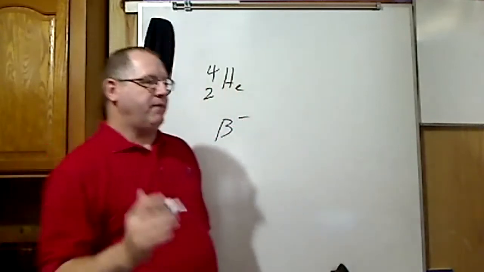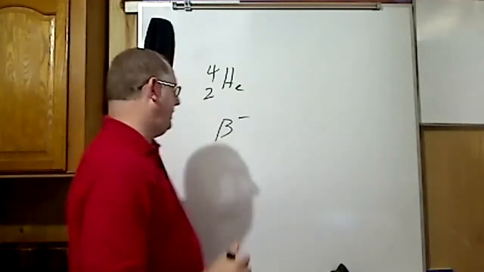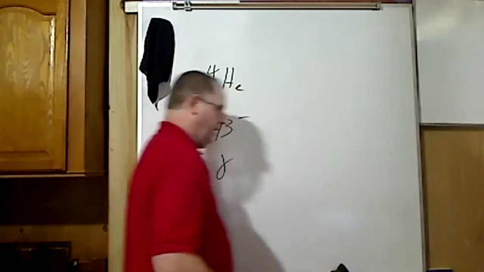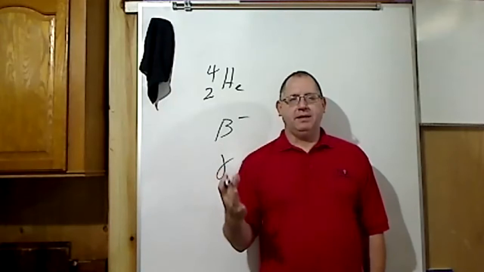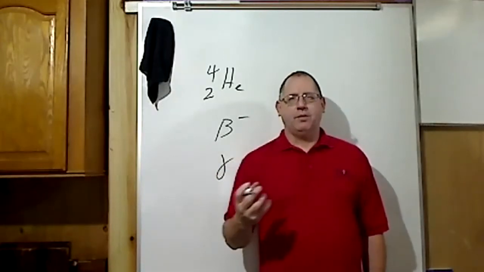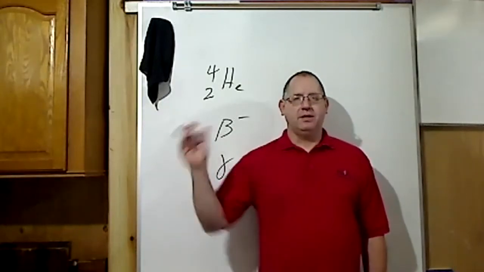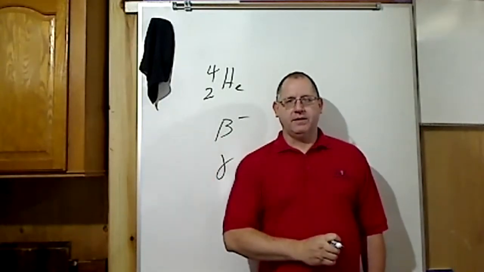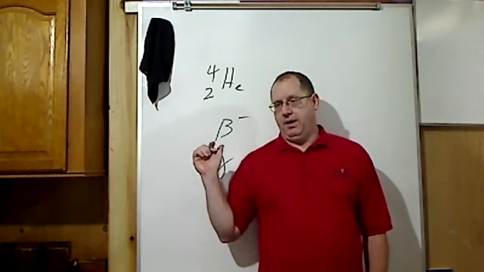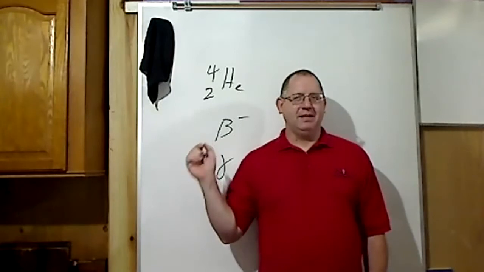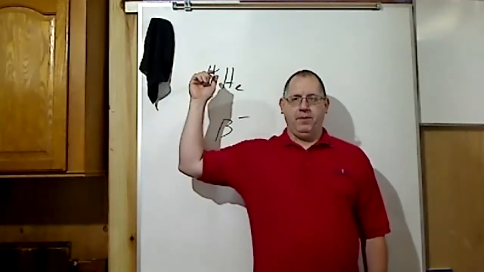Okay, finally, we have the gamma radiation. Now, gamma radiation is basically considered any electromagnetic wave that is strong enough to ionize things, basically to strip electrons off of things. Okay, that's ionizing radiation. The thing about gamma radiation is that it doesn't really do that much damage compared to an alpha particle.